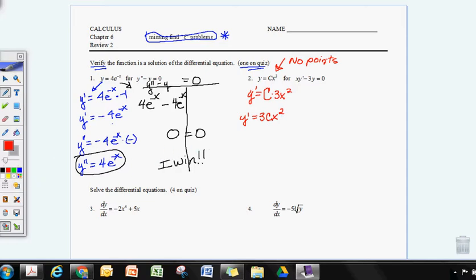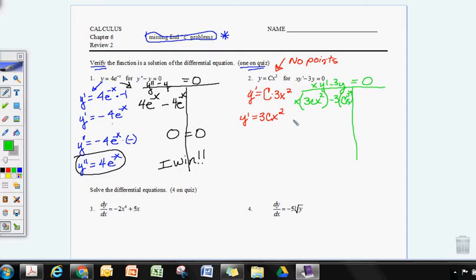Okay, so now that I have my derivative, I'm going to make my T, and on this side is x y prime minus 3y, and on the other side is 0. So we're going to start off that x is going to stay there. My y prime is going to be 3cx squared. And I'm going to subtract 3. And my y value is cx cubed.